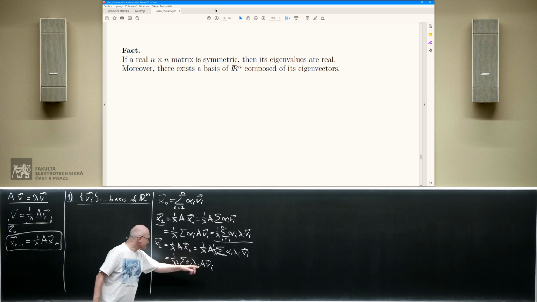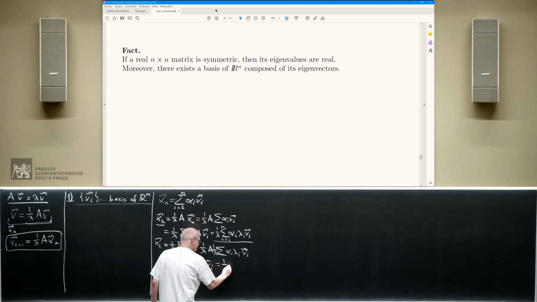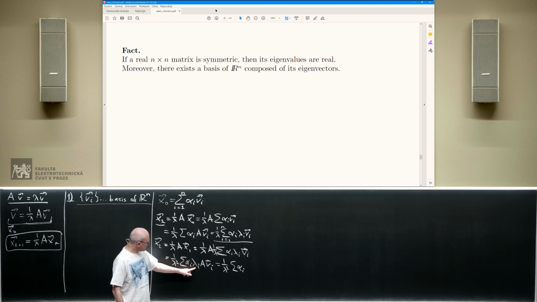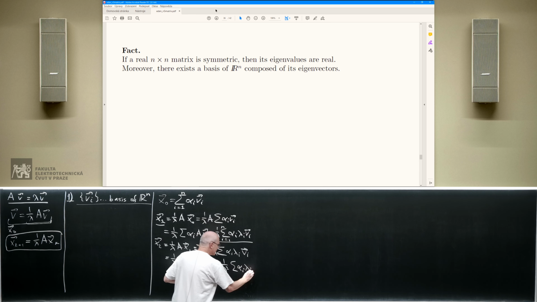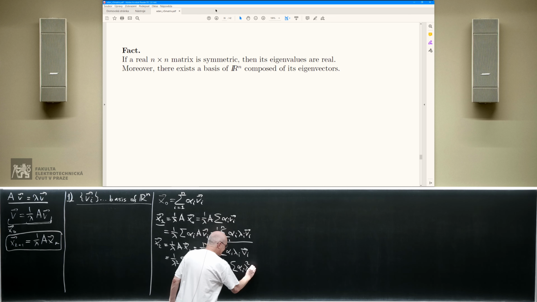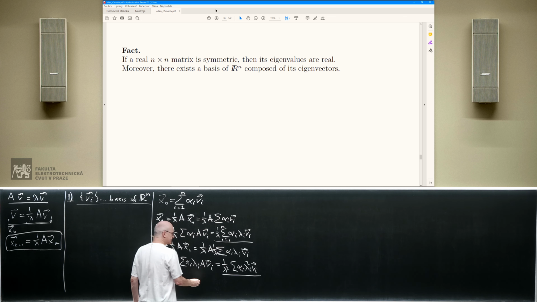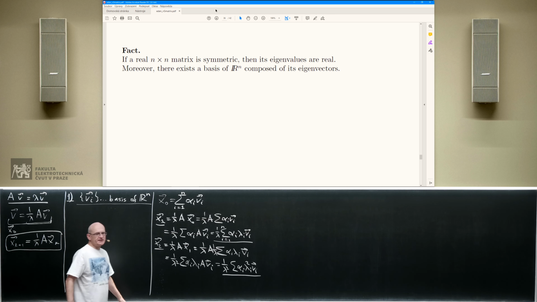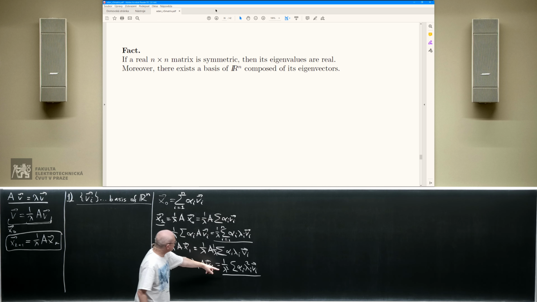And the same argument applies. So we get 1 over lambda squared, summation, alpha i, lambda i. And now there is another lambda i coming from this product. So it will be lambda i squared, Vi. And that's the formula for x2 that I wanted to see. And again we compare. Do we see the pattern?